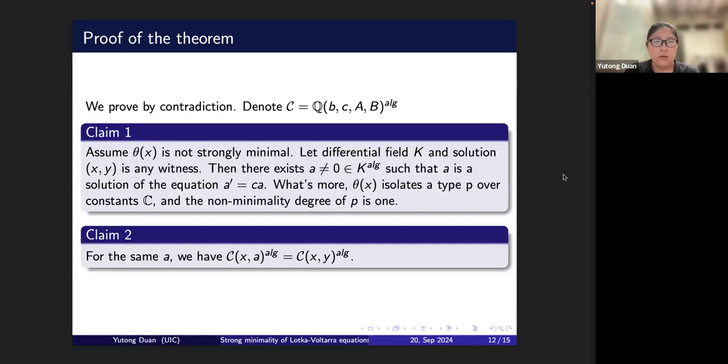Claim 2 is that for the same a, we have the field C adjoined x, a, and then taking the algebraic closure equals the algebraic closure of C adjoined x, y. That means basically the transcendence degrees of these two fields are the same, and also these fields are differential fields.